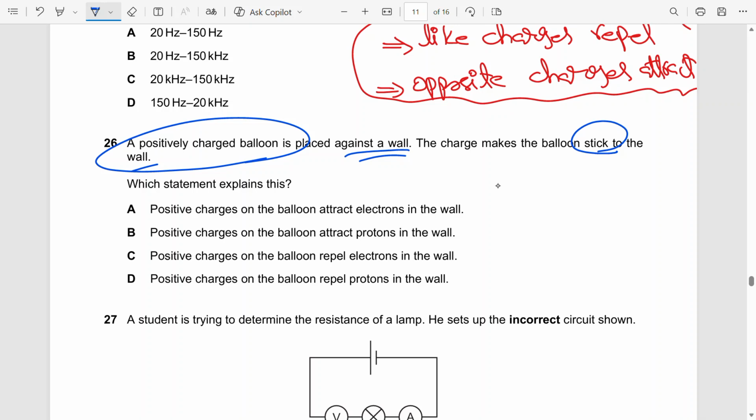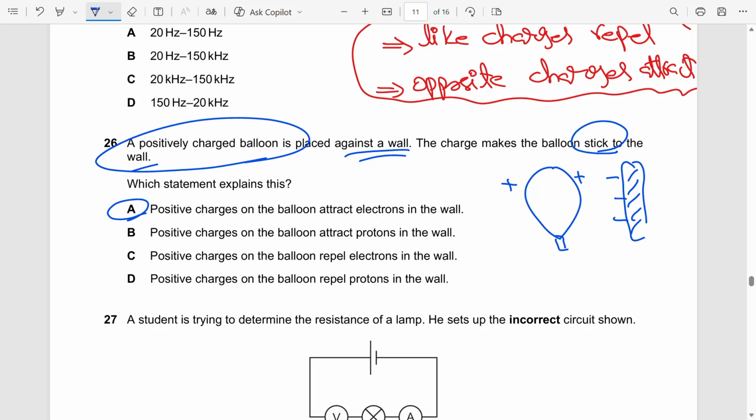So the positively charged balloon will attract the negative charges of the wall, the electrons, to neutralize it. First option: positive charges on the balloon attract the electrons in the wall. Yes, exactly, the first one is the correct one.